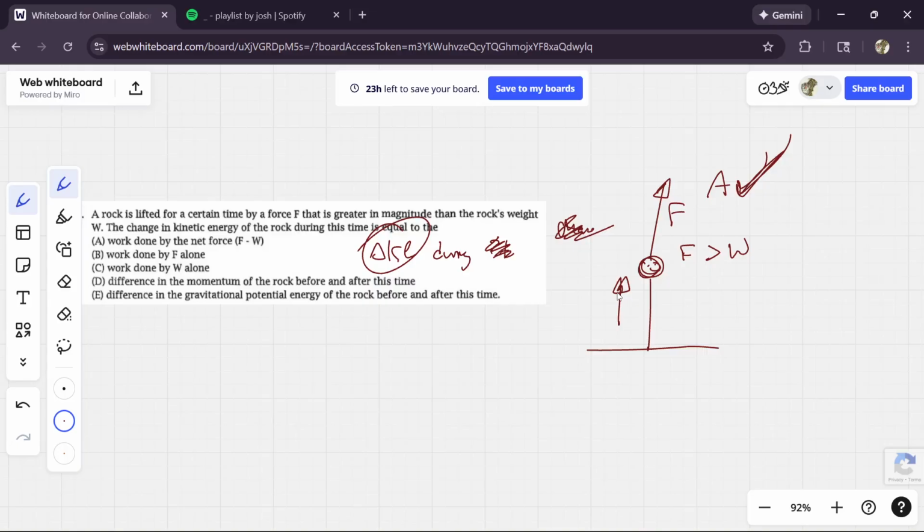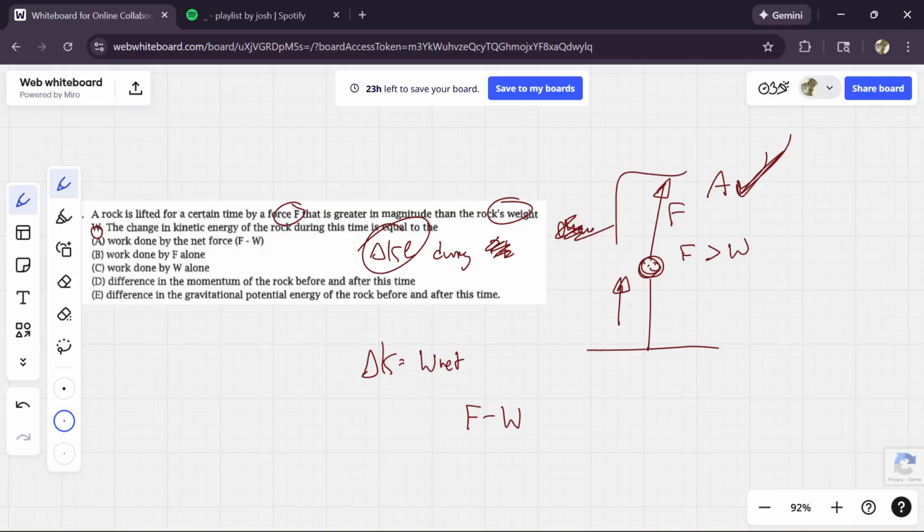For this question, you just have to consider the work energy theorem, which just says the change in kinetic energy is equal to the work, so the net work being applied. Towards the rock, the net force is going to be F minus weight, because the force is greater in magnitude than the rock's weight, W. So when F is greater than the weight, it moves up.